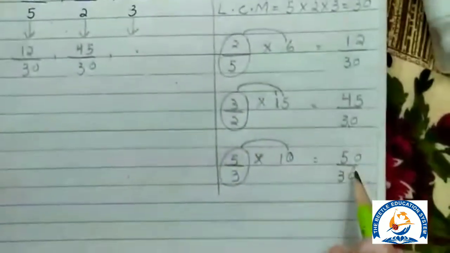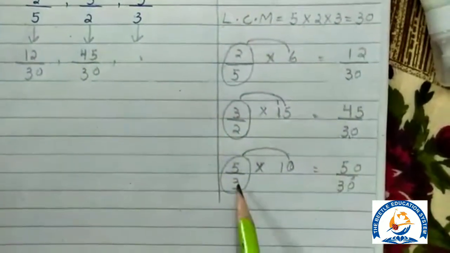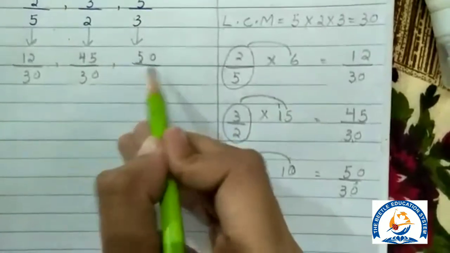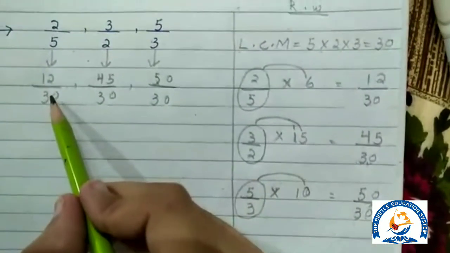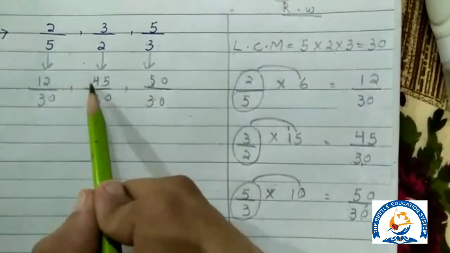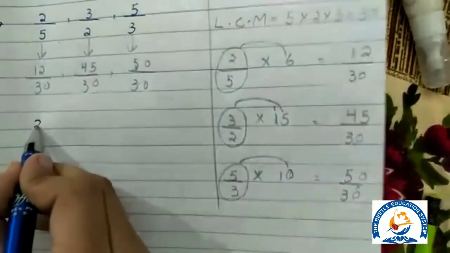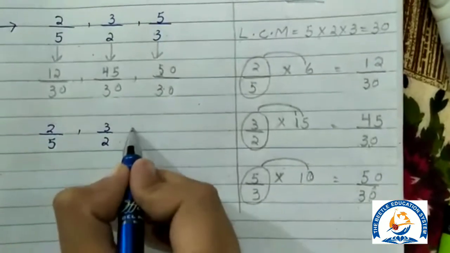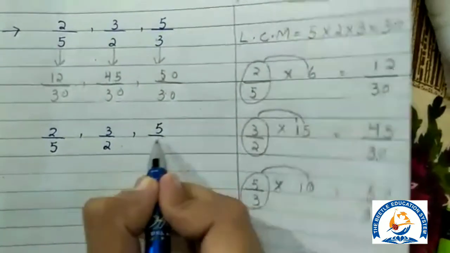And the equivalent fraction to 5 upon 3 is 50 upon 30. So you can see easily these fractions are already in ascending order. 12, then 45, then 50. So we will write the same. 2 upon 5, 3 upon 2 and 5 upon 3.